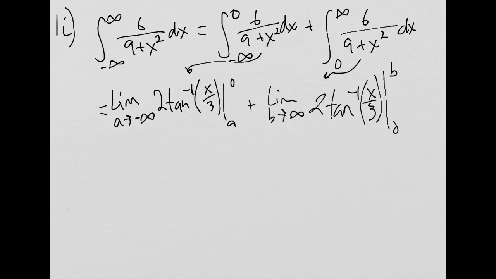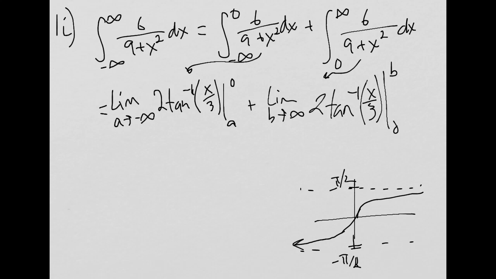So you should know that tan inverse's graph looks like this. It's got an asymptote, this is pi over 2, this is negative pi over 2. So arctan looks like this. It's kind of a crude version of it, but it gets closer to those asymptotes. So you should see that this height is pi over 2.